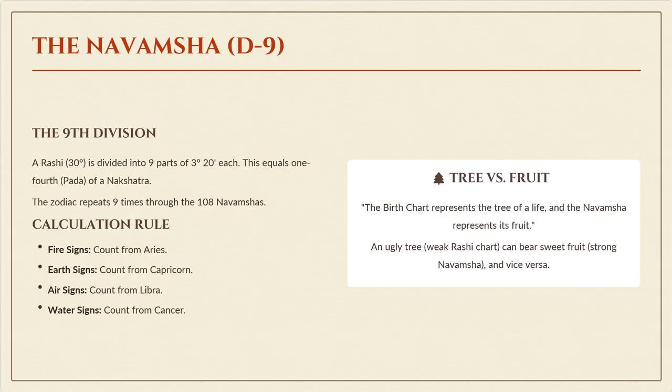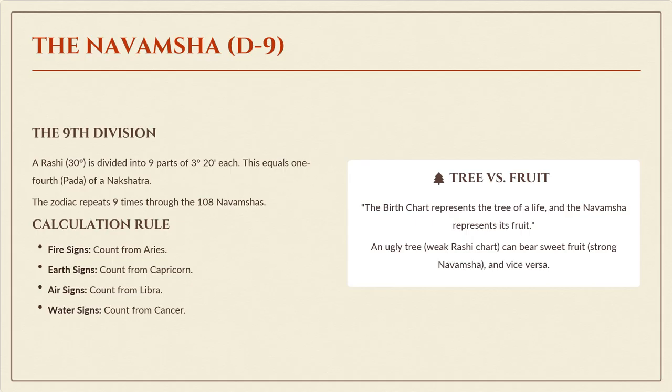What is the D9 chart? One Rashi is 30 degrees, right? They have divided those 30 degrees into 9 equal parts. Within Aries, the first part is given to Aries, the second part to the second Rashi, the third part to the third Rashi, the fourth part to the fourth Rashi, and so on.